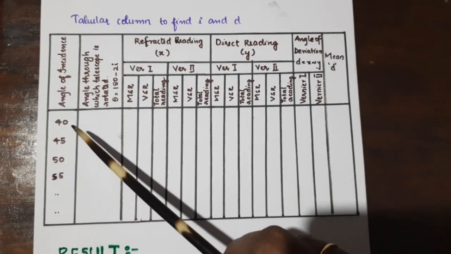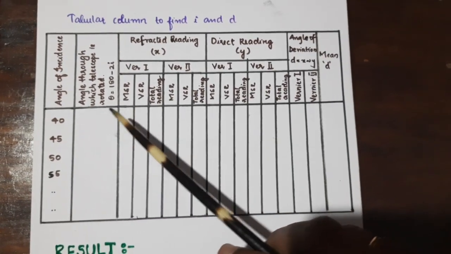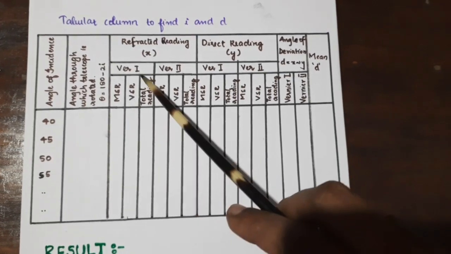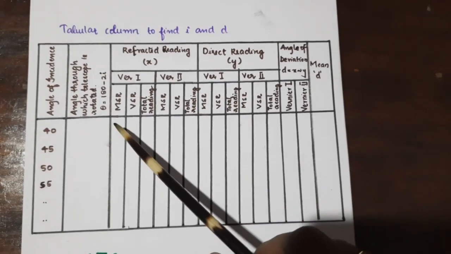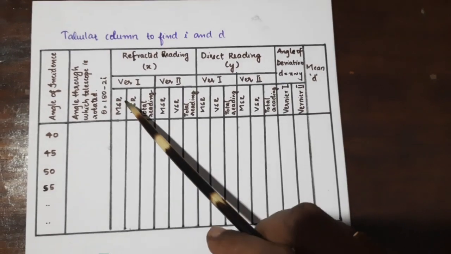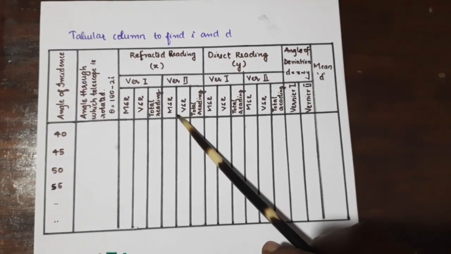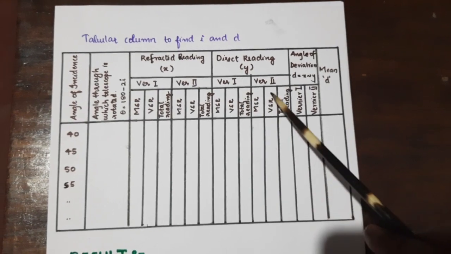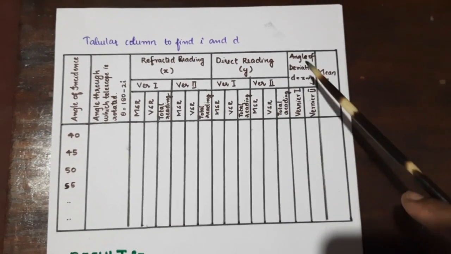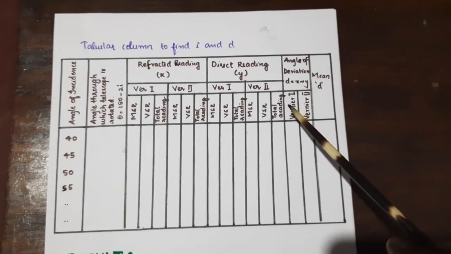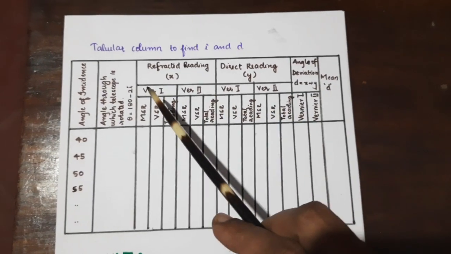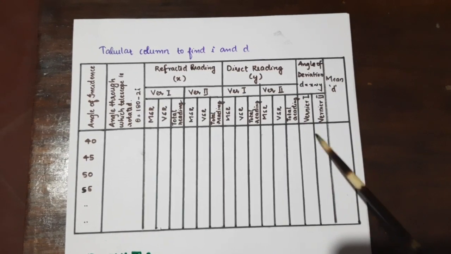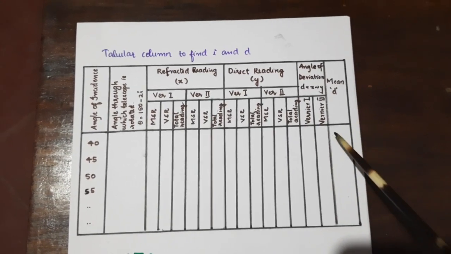For angle of incidence 40, we turned it through 100 degree, then noted down the refracted reading, MSR, VSR and total on vernier 1 and vernier 2, then took the direct reading on vernier 1 and vernier 2. So angle of deviation D is the difference between this reading and this reading. So enter it here and find out the deviation D.